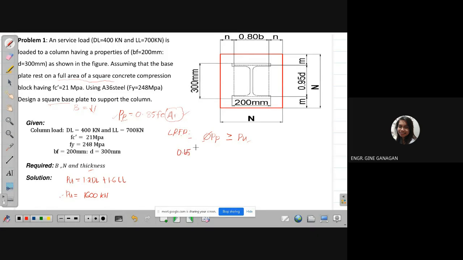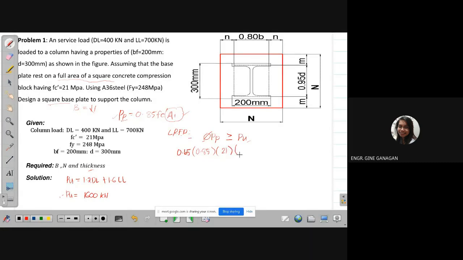And yung PP natin, that is 0.85 FC prime. Anong FC prime natin? That is 21 MPa. So Newton per mm squared.